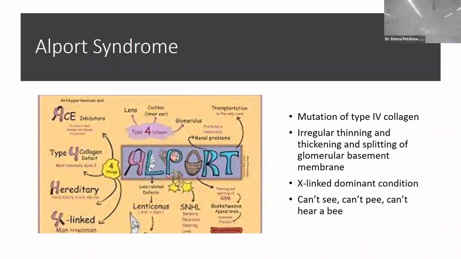It's affecting that basement membrane, but it's because the actual collagen present there is thin and splitting and breaking down due to a genetic mutation. It's X-linked dominant. And the classic clinical presentation is can't see, can't pee, can't hear. So it affects your vision, your hearing, and your urination.